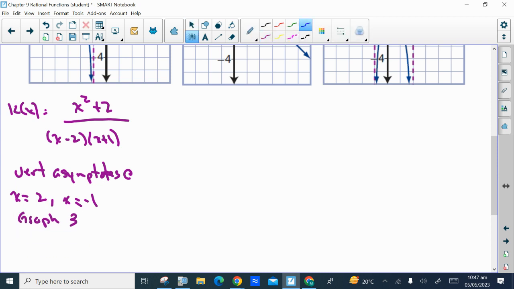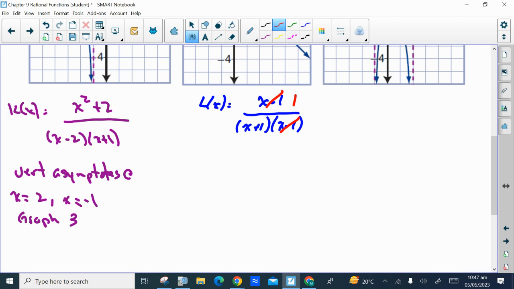Right? Looking at equation L. Nothing can be done with the top right now, but the bottom is a difference of squares, x plus 1, x minus 1. So the x minus 1s will cancel.